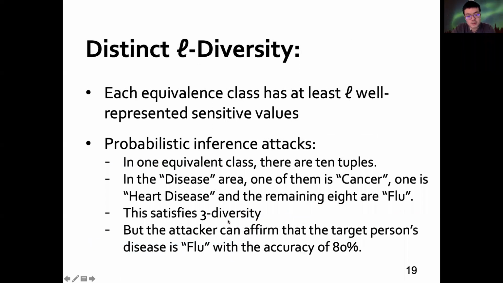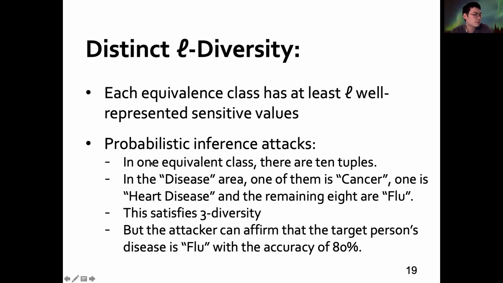So the previous one we described for L diversity is just one of the definitions, which we call distinct L diversity, right? The meaning is that we have L distinct values in the same Q block, okay? Each equivalent class, which means a Q block, where the non-sensitive attributes are the same, has at least L well represented sensitive values, okay?